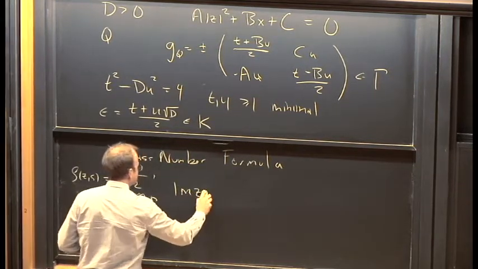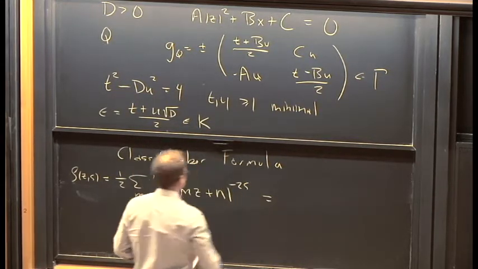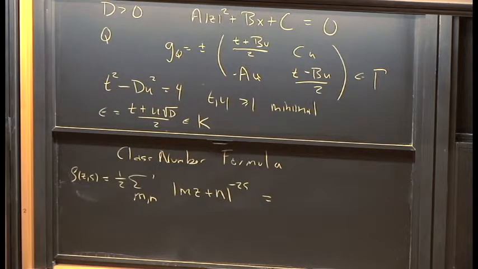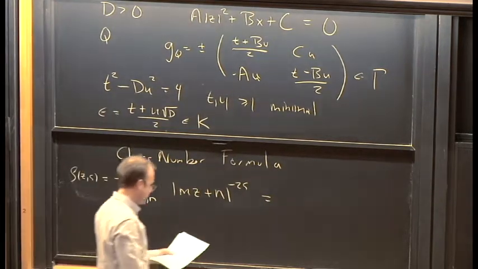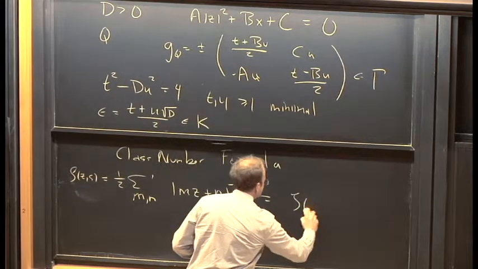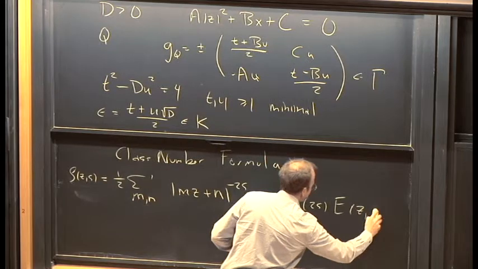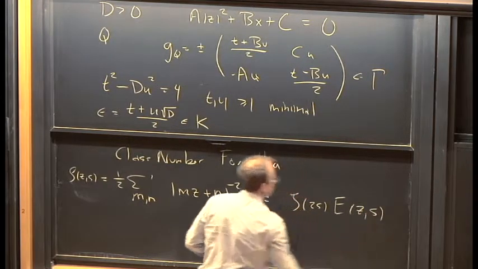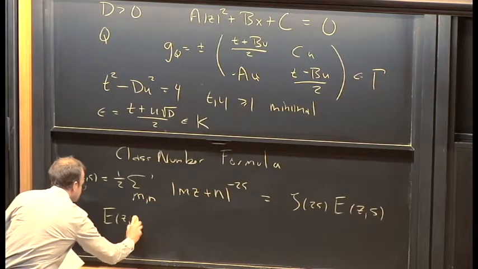Because you can apply the Poisson summation formula to understand it. So it's a sum over m and n integers. And this is really a quadratic form to the minus s power in m and n. So I can express this in terms of the Eisenstein series for the modular group this way, where this is the usual Eisenstein series.